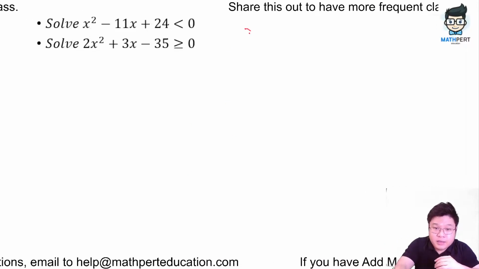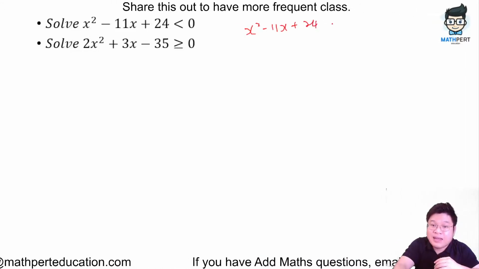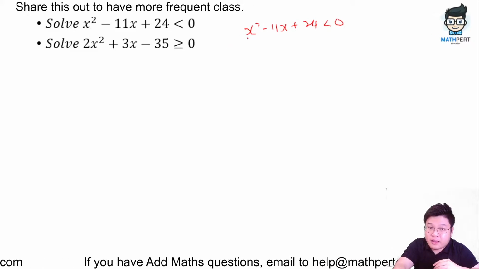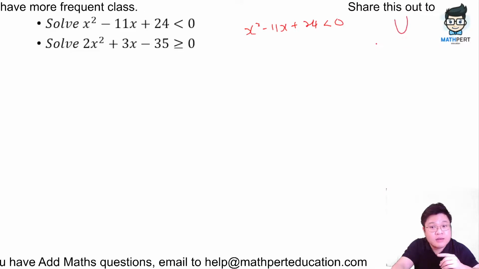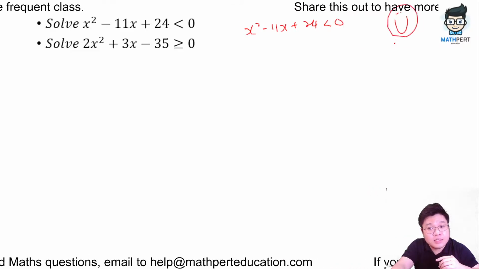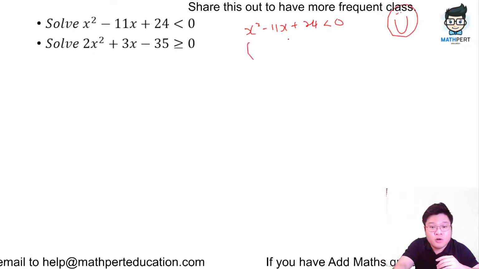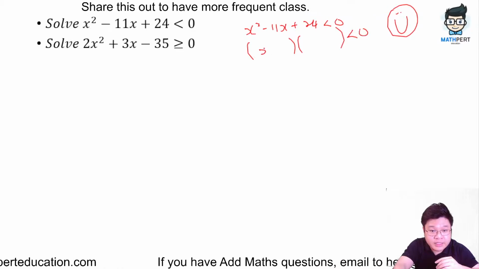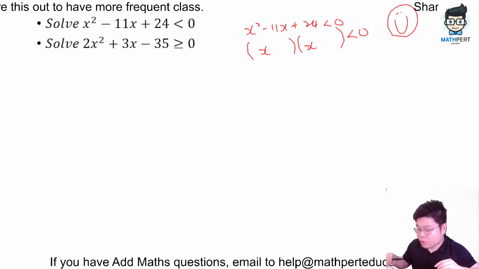Let's take a look at the example. Over here, x squared minus 11x plus 24 less than 0. What is the coefficient of x squared? It's 1. 1 is greater than 0, meaning it is a minimum point, so I know what the graph looks like. We factorize this: x and x, 24.